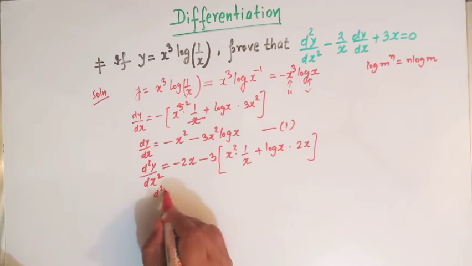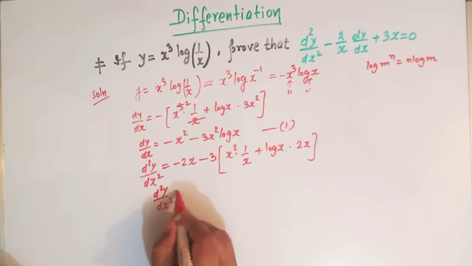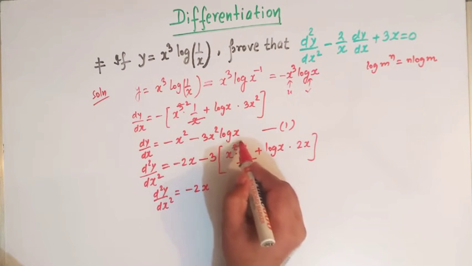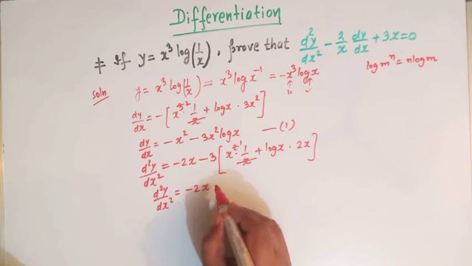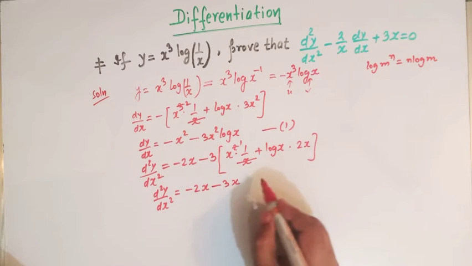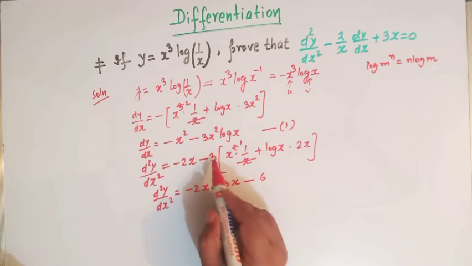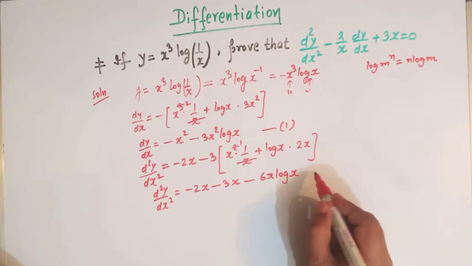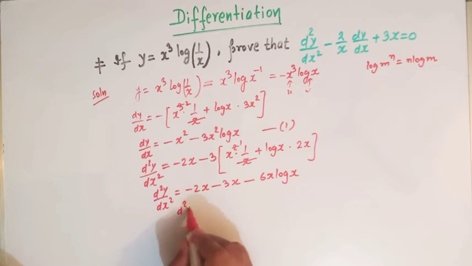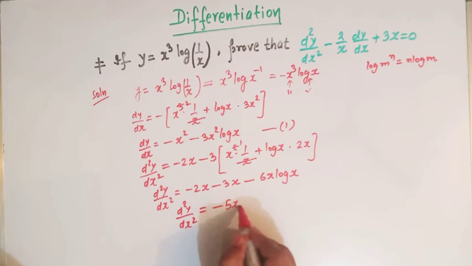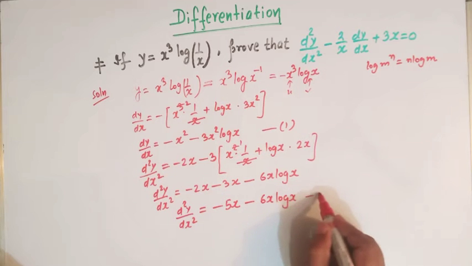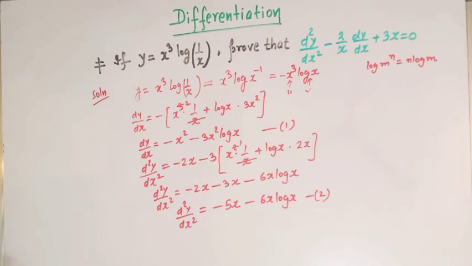The second derivative d2y over dx2 can now be written as minus 2x, here x square and 1 over x get cancelled, so we have minus 3x minus 6x log x, and this can be written as d2y over dx2 is equal to minus 5x minus 6x log x, and this is equation number 2, right?